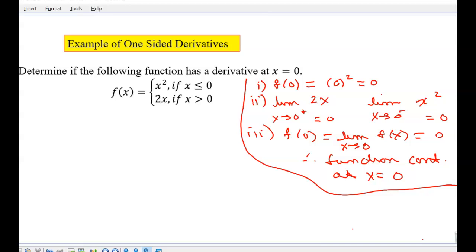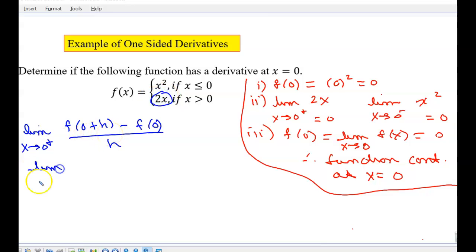Okay, so now we have to show that the derivative coming from the right of 0 is equal to the derivative coming from the left of 0. So let's first find the limit as h approaches 0 from the right of f of 0 plus h minus f of 0 over h. Coming from the right of 0 means bigger than 0, so I'm going to use this function in this calculation.